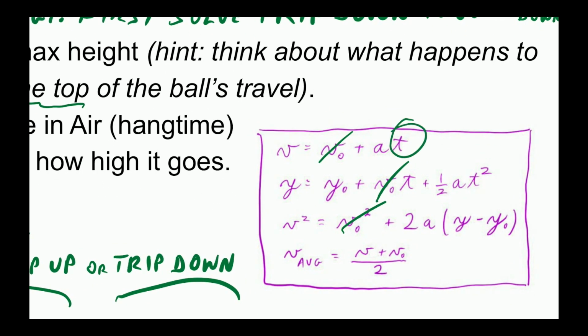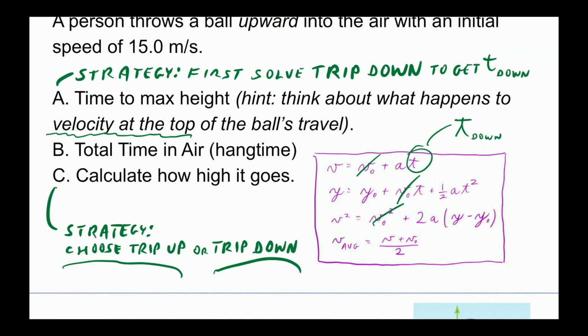If I'm going to get rid of the initial velocity, this is the time for the trip down, t sub down. I strongly encourage you to use subscripts, down, up, or entire trip or total, for your t's, because it is a very common mistake to lose track of which part of the trip you're calculating. So use a subscript for your t, and you'll do well.